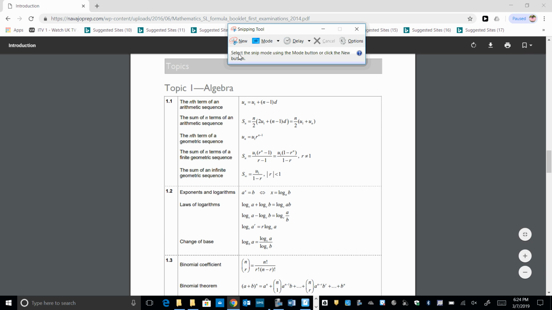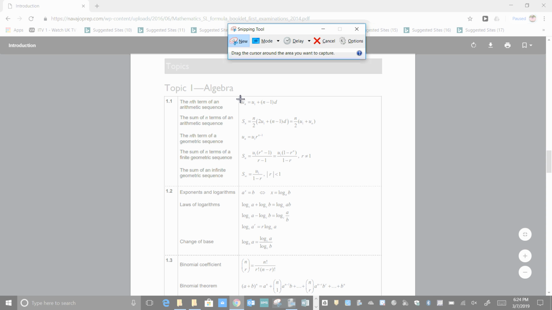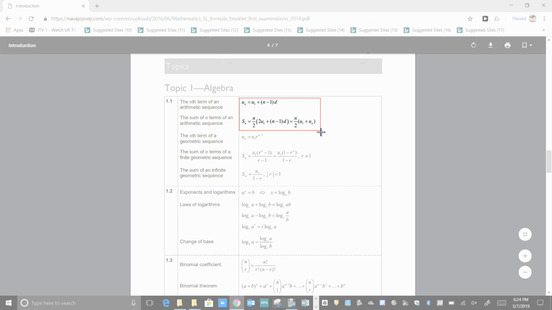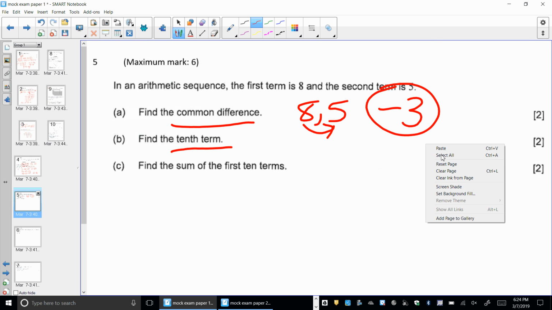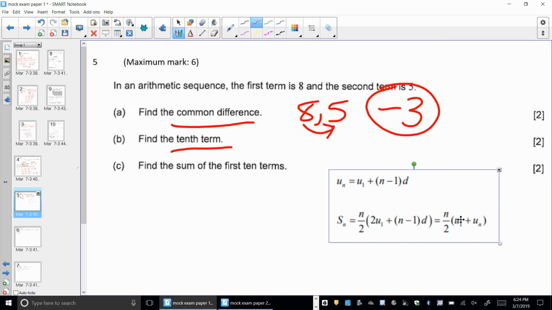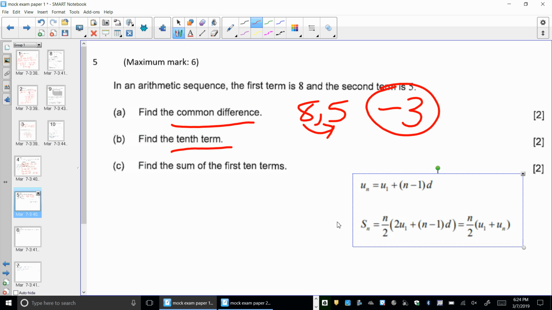It's an arithmetic sequence, so let's just get this stuff here for now because we might need the other bit in the next part. That's from our formula book.